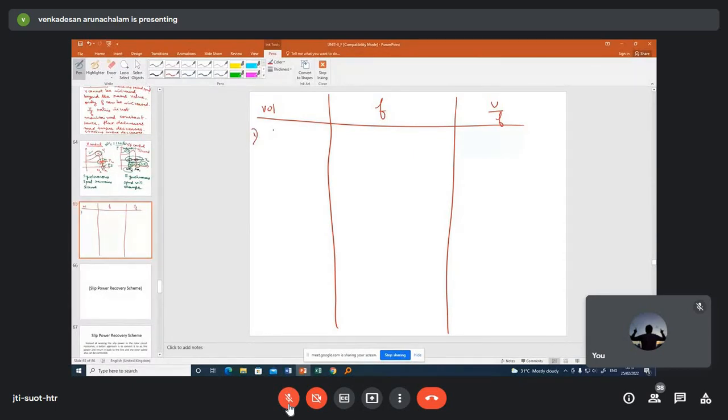Here, speed control range is narrow. Here, speed control range is wider. Here also, speed control range is wider.